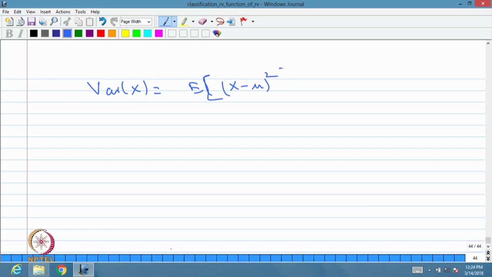After expansion you will get E of x square minus E of x the whole square, and E of x is the same as mu. So, whether you compute the expectation of x minus mu whole square, or you find mu whole square first, then the second order moment about the origin, E of x square, the difference is going to be the variance of x.